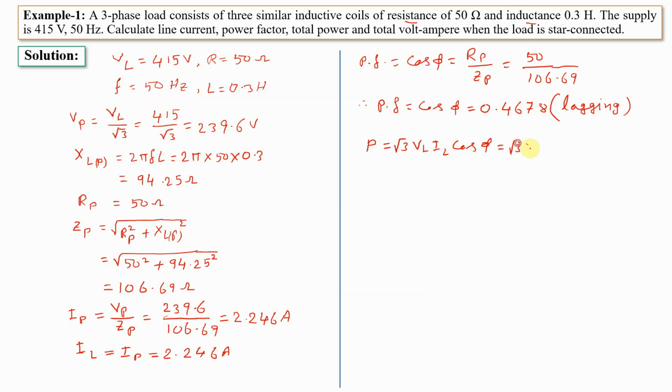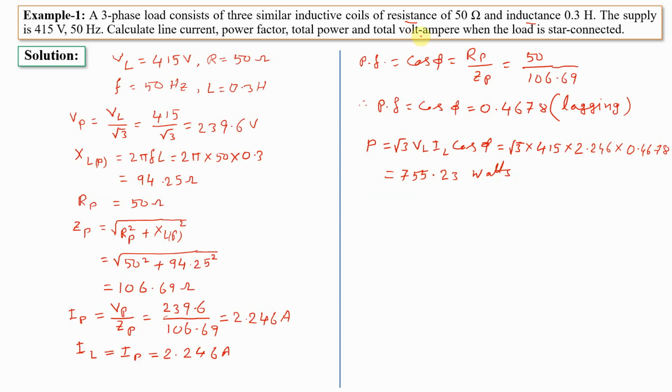So it is root 3 into the line voltage 415, the line current 2.246, and the power factor 0.4678. After calculation, we'll get the active power as 755.23 watts. So this is the active power.